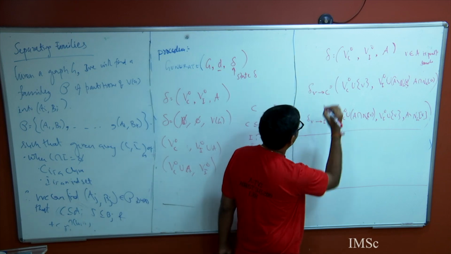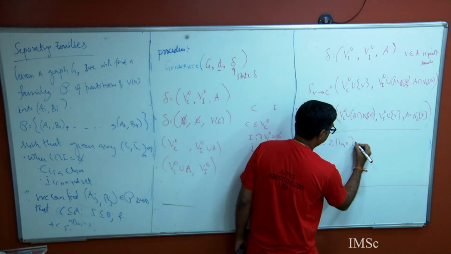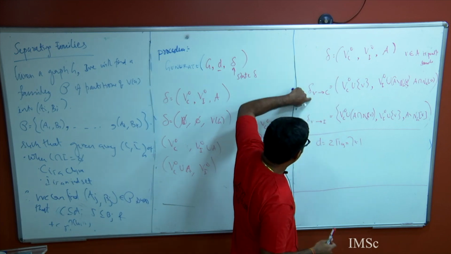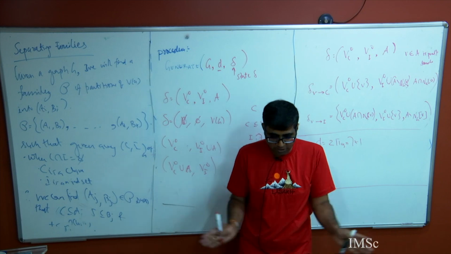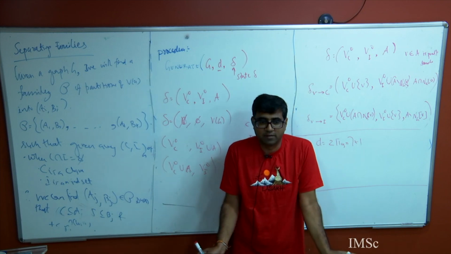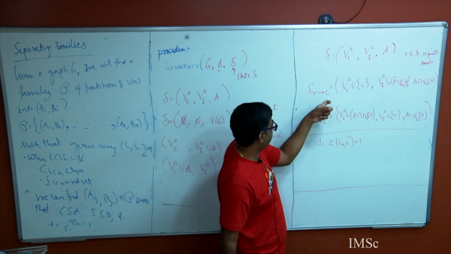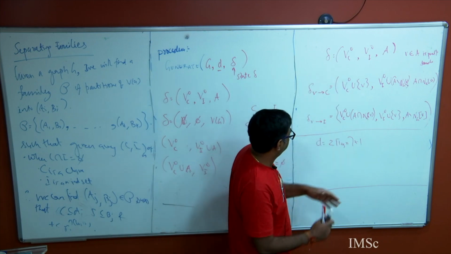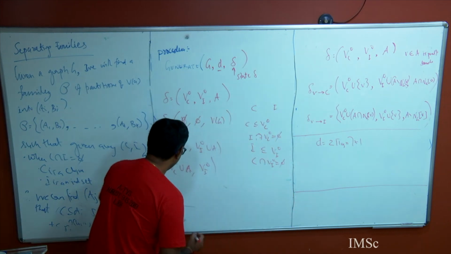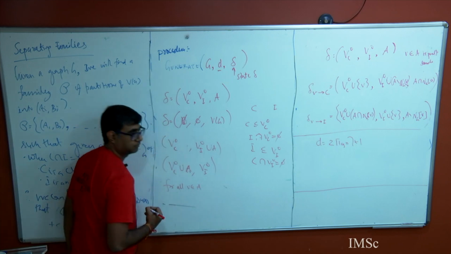I will stop when D is roughly 2 log n plus 1. And what is the branching here? I do it for every vertex V, so I output a partition and branch into 2n ways. For every V in A, I create this and call recursively.